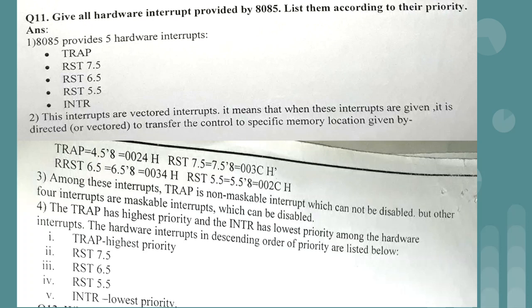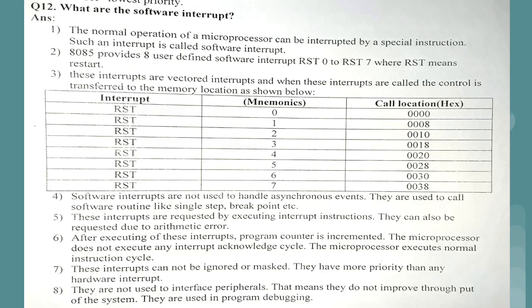Vectored interrupt means whenever this type of interrupt occurs, the current program execution will stop and we will be directed to a specific or fixed memory location. Out of these, TRAP is the one interrupt which is non-maskable and the others are maskable interrupts.